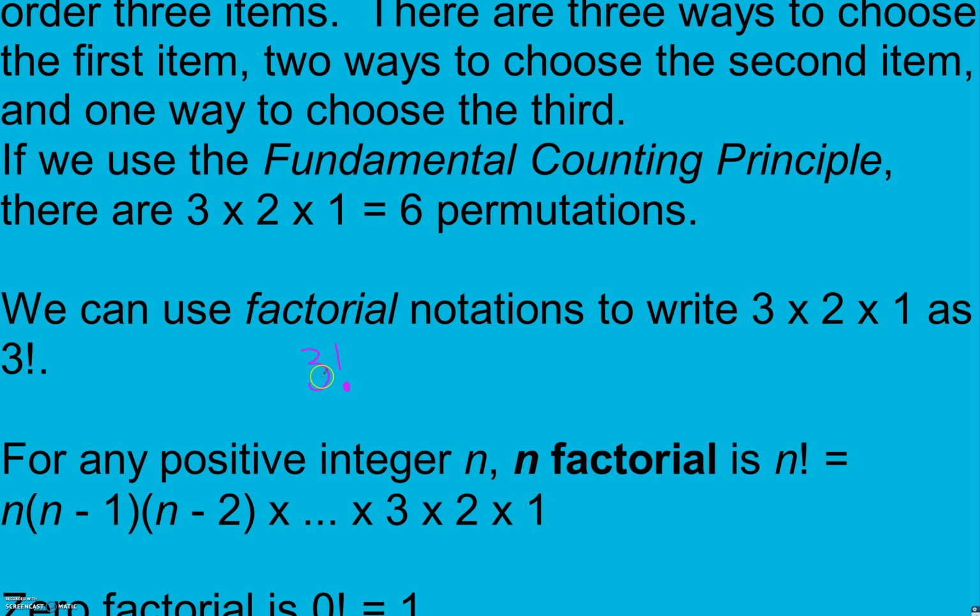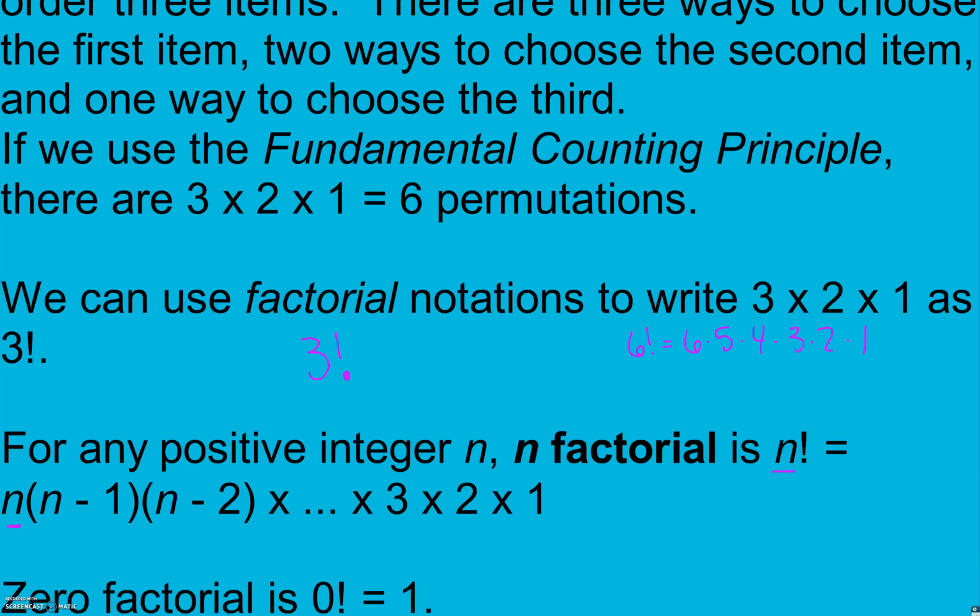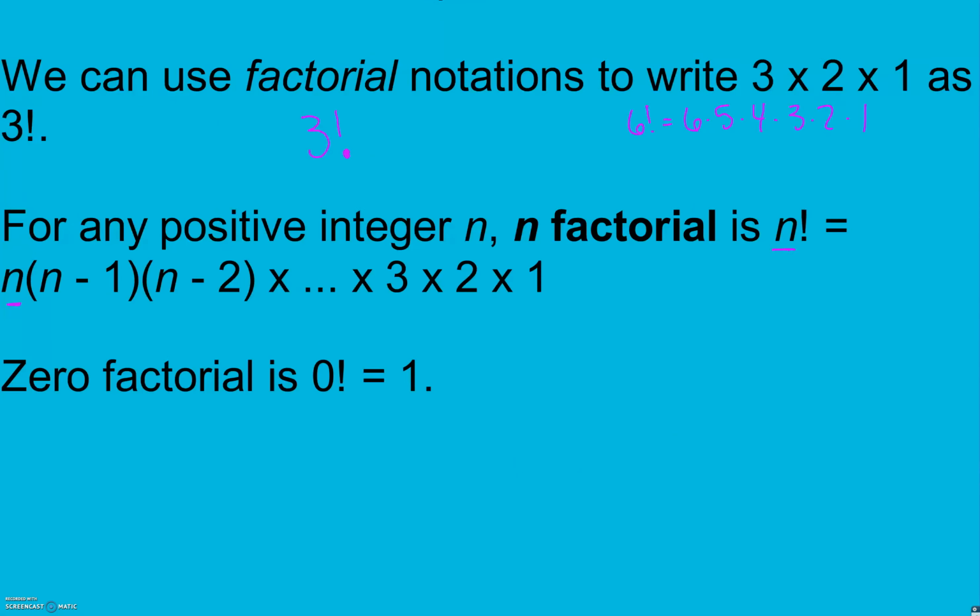Factorial means we take that number, so n factorial is n, and we multiply by the number before it, times the number before it, times the number before it, until we get to 1. So 6 factorial is 6 times the number before it, 5, times 4, times 3, times 2, times 1. Okay? 0 factorial is 1, so something to think about there.